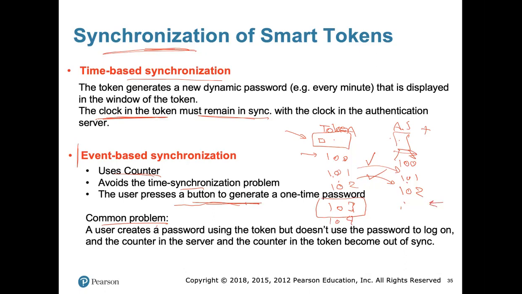So the problem in this event-based synchronization is, if you generate a password, you should of course use it. That password should be used. If you lose that password for any reason, you'll get out of synchronization with the authentication server, and that can make a problem.